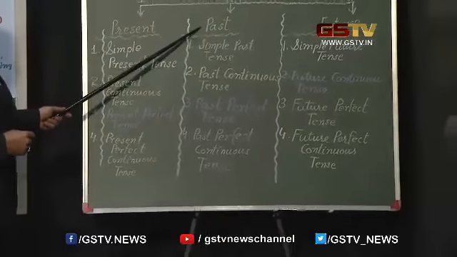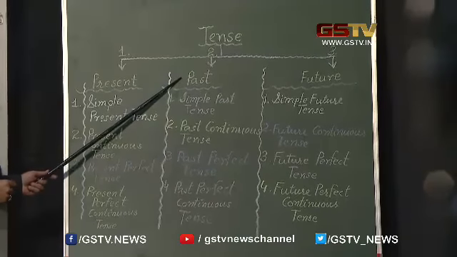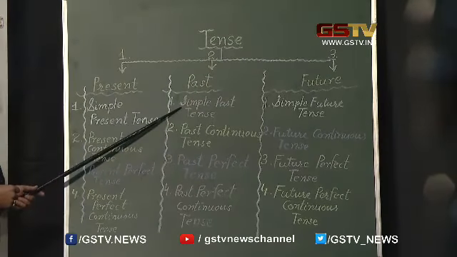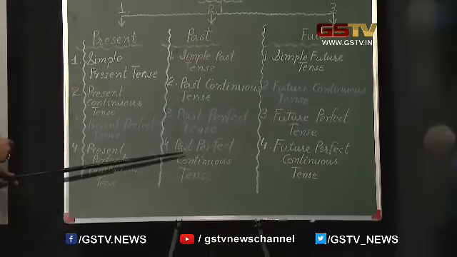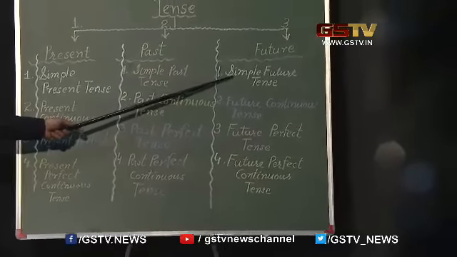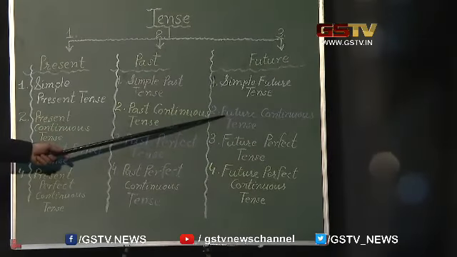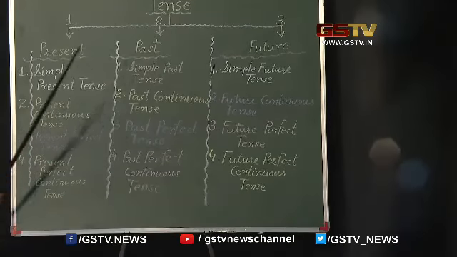In the same way, the second is past tense, again divided into four sub parts: simple past tense, past continuous tense, past perfect tense, past perfect continuous tense. Then future: simple future tense, future continuous tense, future perfect tense, future perfect continuous tense.